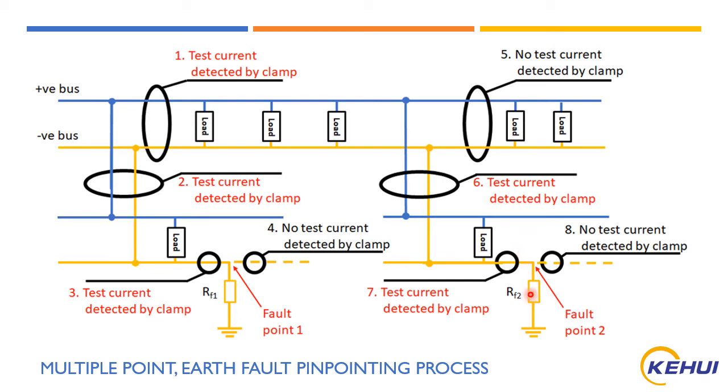If you consider there are multiple faults, it is the same situation where you go on clamping each and every feeder, identifying the faulty feeders, which give a clear indication of the measured leakage current and the waveform until you reach the fault point.